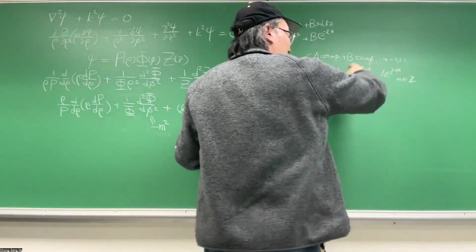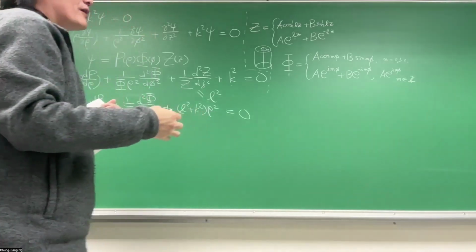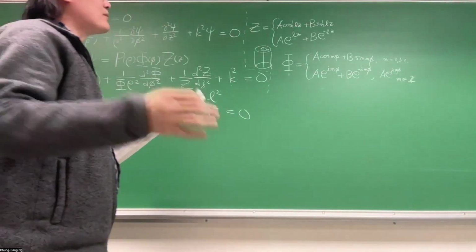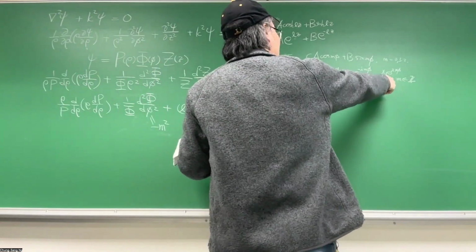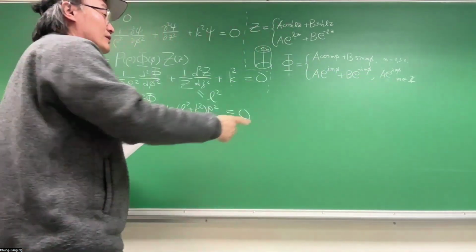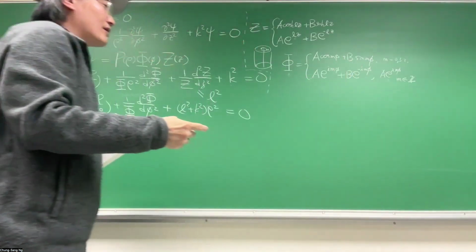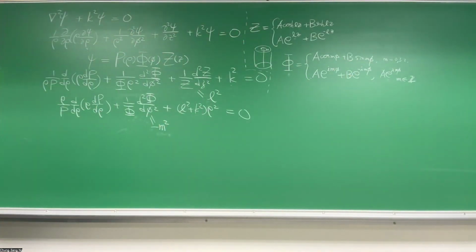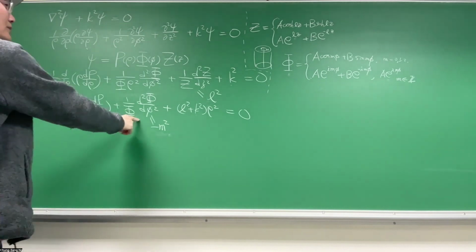Maybe m is from 0 to plus or minus 1, plus or minus 2. So you can just use one single term to represent both independent solutions, because plus and minus are independent of each other. Okay, and so that's the phi solution.